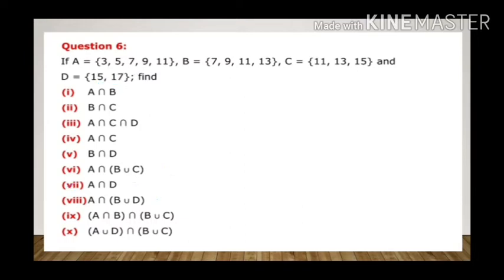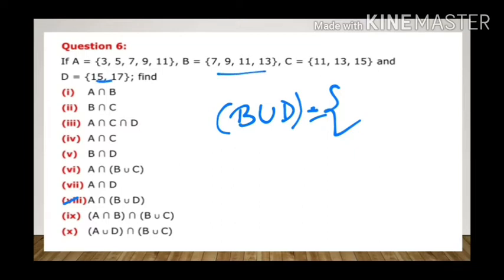Now next is A intersection (B union D). Again the same. First of all, you have to find B union D. All the elements of B and D are 7, 9, 11, 13, 15 and 17.